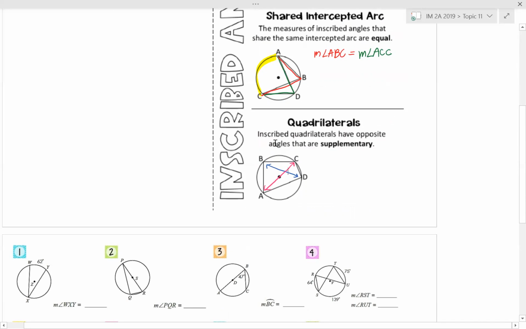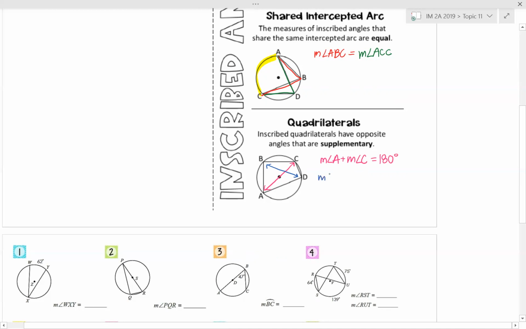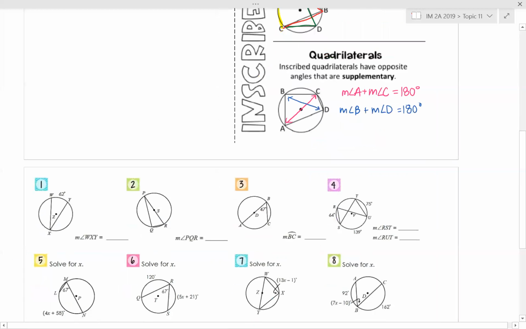Remember, supplementary means that they add to 180 degrees. So the measure of angle A plus the measure of angle C is 180 degrees. And for the same property, the measure of angle B plus the measure of angle D is 180 degrees. So opposite angles, angles across from one another in the quadrilateral, are supplementary angles.